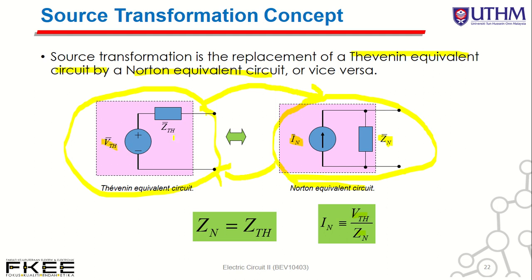How to determine VTH? ZTH equals ZN, and then VTH equals ZN times IN. That's how to transform from Thevenin equivalent circuit to the Norton equivalent circuit, or vice versa.